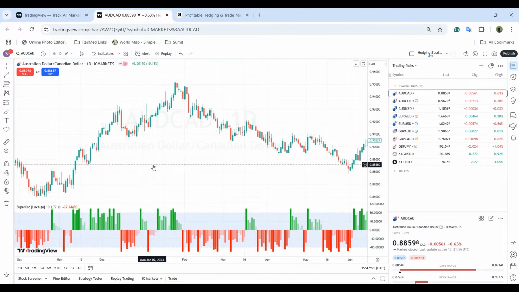Now, as it goes, on the 12th or the 13th of January, you get a trade in the opposite direction. So what we would do here is that we would take a hedge trade in the opposite direction. The difference being that it's not going to be a 1:1 trade, but a 1:2 trade. So if the sell trade that we'd taken on the 5th or the 6th of January is, let's say, one lot, the trade that we take on the 13th of January is going to be two lots.